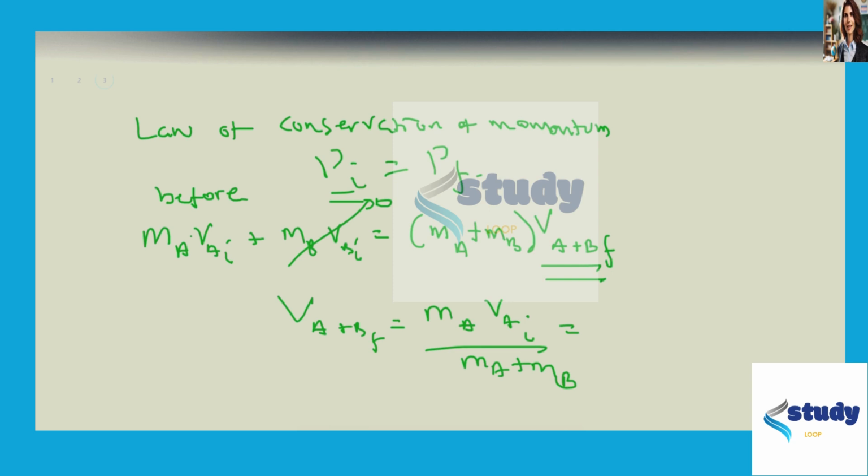So this actually is A final. If you can recall, this is the final velocity of A right here. We're calling it the final just before it collides.